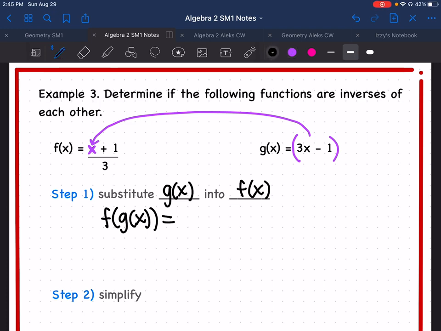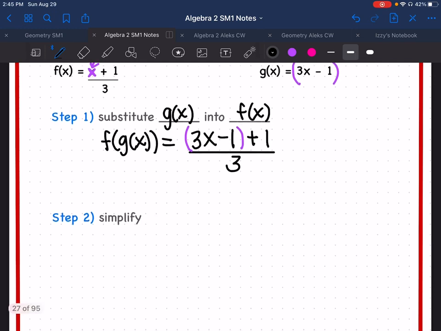So I'm going to say 3x minus 1 plus 1 over 3. Notice I could even put my purple parentheses if I want to. And there you go. I've done my substitution, one into the other. Every x I see in the original goes to the other function.